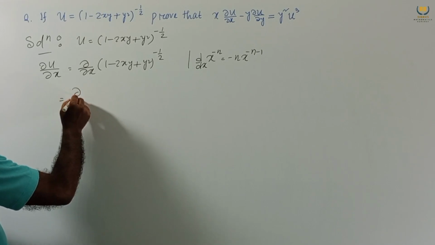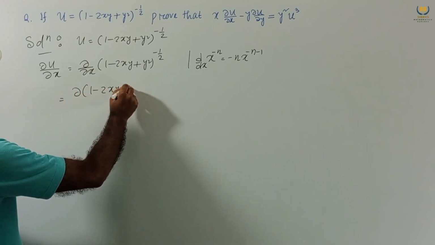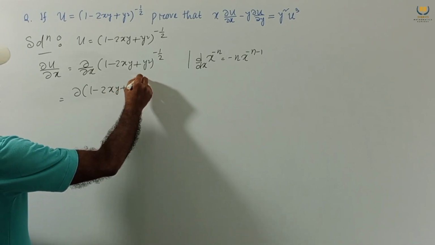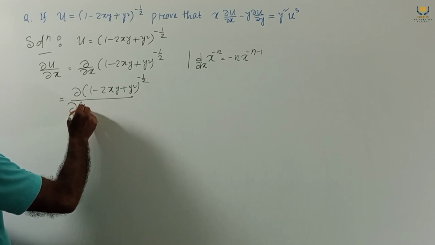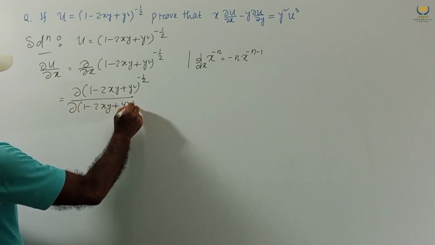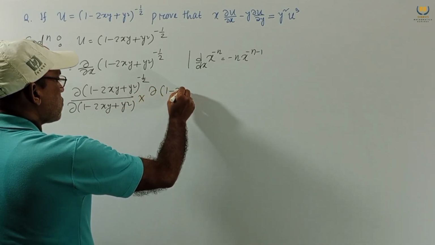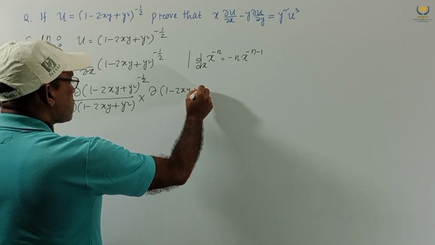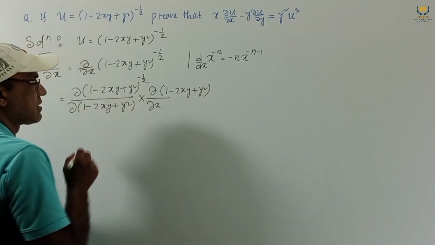So using the chain rule, we get (1 minus 2xy plus y square) to the power minus 1 by 2, del of (1 minus 2xy plus y square), into del of (1 minus 2xy plus y square) del x.